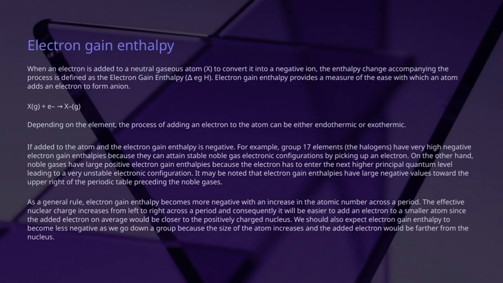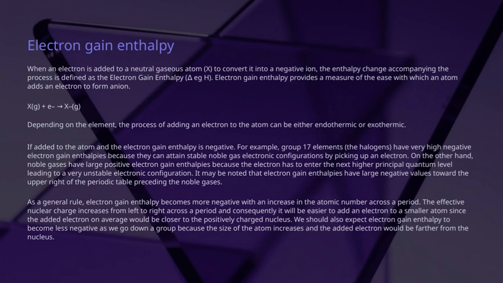On the other hand, noble gases have large positive electron gain enthalpies because adding an electron means entering the next higher principal quantum level, which results in an unstable configuration. It's also important to note that electron gain enthalpy values are most negative towards the upper right of the periodic table, just before the noble gases.